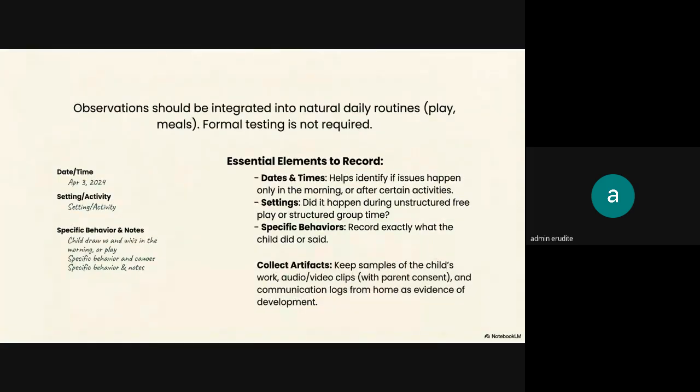This is just basically how to observe a child and how to keep record, especially when it comes to important things like diverse learning, diverse needs, language delays or language barriers. We need to keep notes on these things to share.